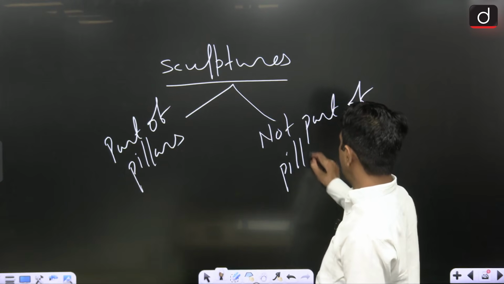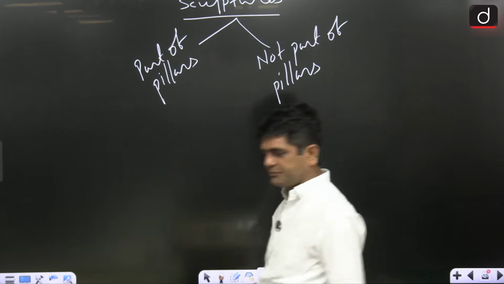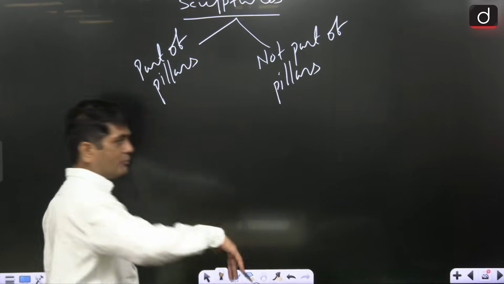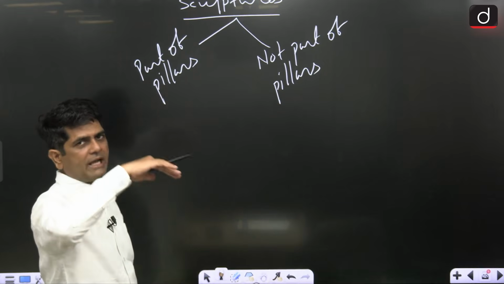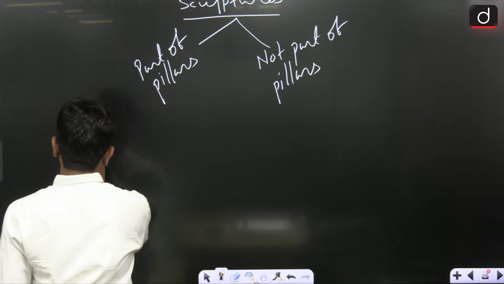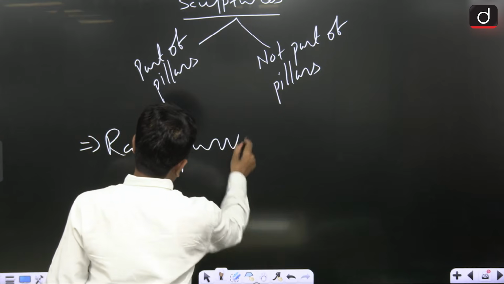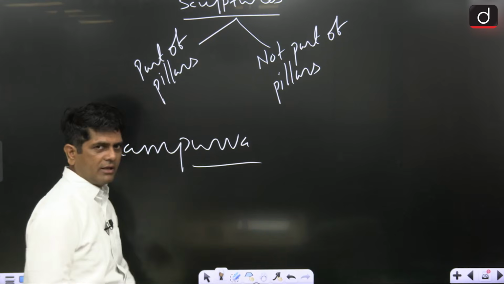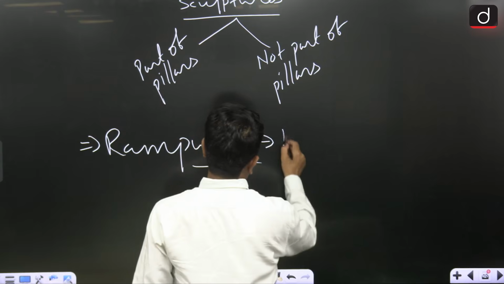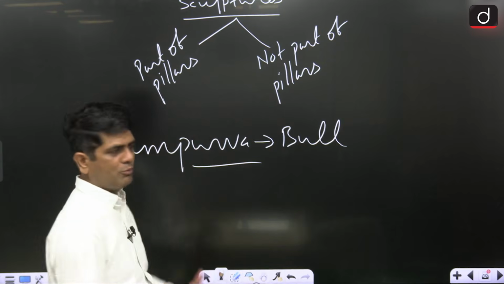Part of pillars, at the top of the pillar we have the sculptures of animals like at Rampurva. Where is Rampurva? Bihar. So at the top of the Rampurva pillar we have the statue of a bull or a humped bull.